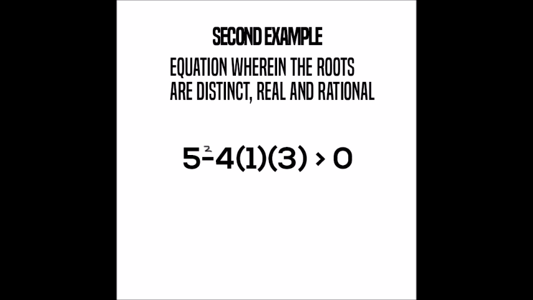For me, I came up with 5 squared minus 4 multiplied by 1 multiplied by 3. Did you come up with the same answer, or did you come up with another answer but it's still correct? This just justifies that there are many other quadratic equations with two real, distinct, and rational roots.